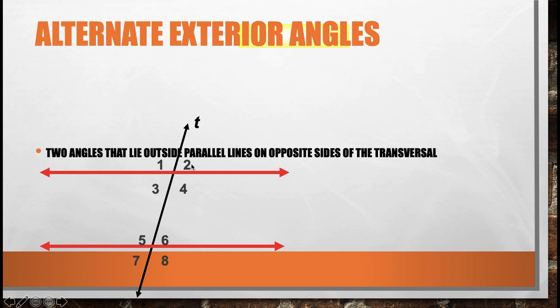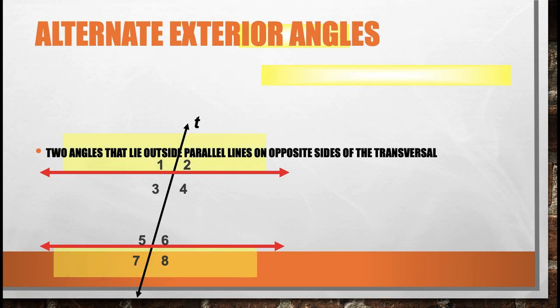Exterior angles means that they lie on the outside. Two angles that lie outside the parallel lines, 7 and 8 and 1 and 2. They are lying on the outside of the parallel lines and on opposite sides of the transversal. This is the transversal, and they are on the opposite sides of the transversal.